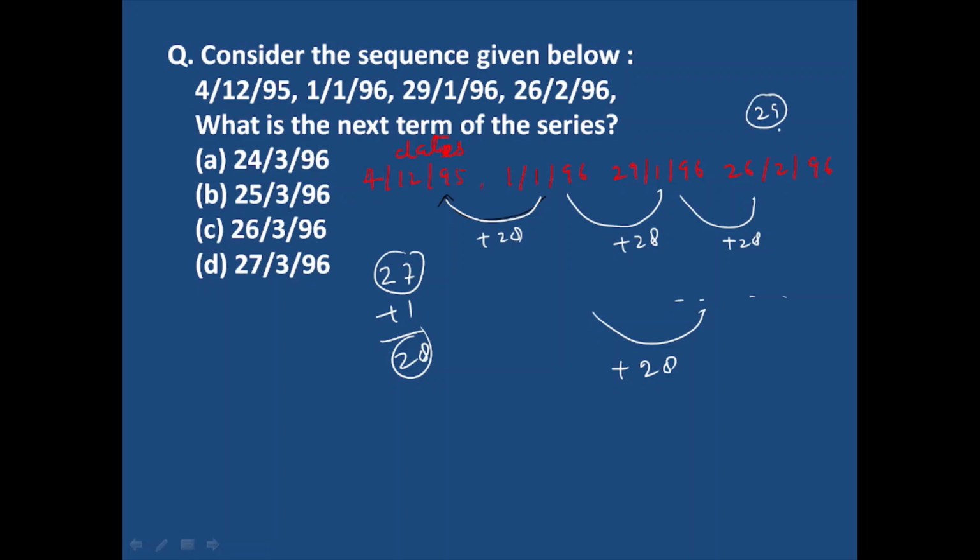How many days are left in this month? 26, 27, 28 and 29. 3 days are here, and in the next month, March, the number of days will be 25. So the total number of days will be 28.